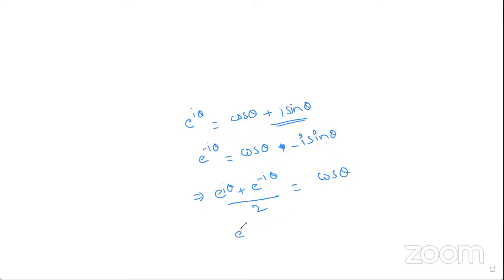And then e power i theta minus e power minus i theta divided by 2, now this cos theta is going to get cancelled, and this is going to be 2 i sin theta divided by 2, which is going to give i sin theta.